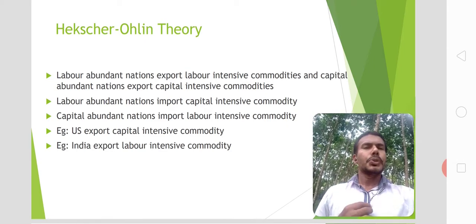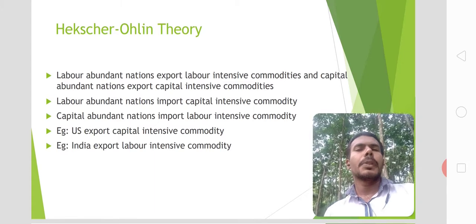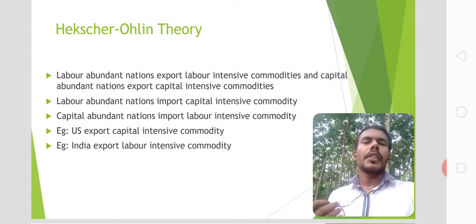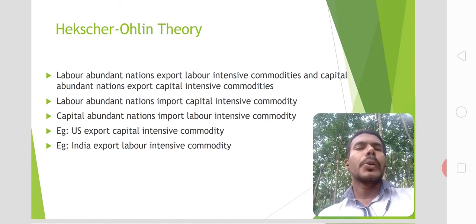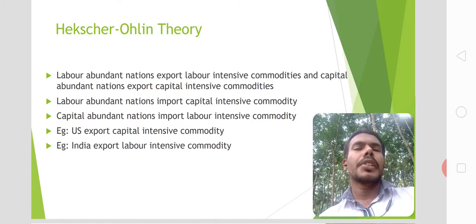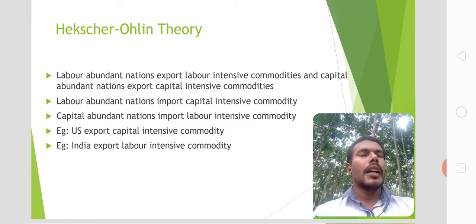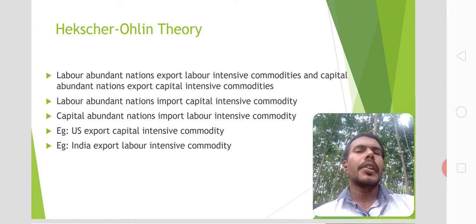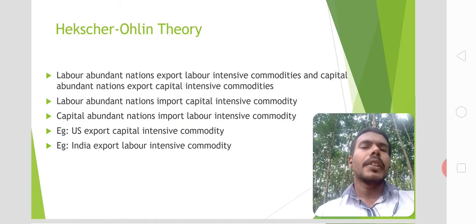So, according to the theory, labor abundant nations export labor intensive commodity, capital abundant nations export capital intensive commodity. Why? Because labor abundant nations will have the comparative advantage on labor intensive commodities. Similarly, capital abundant nations will have the comparative advantage over the capital intensive commodities.